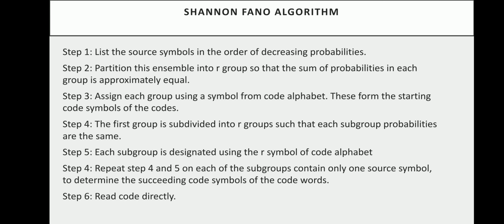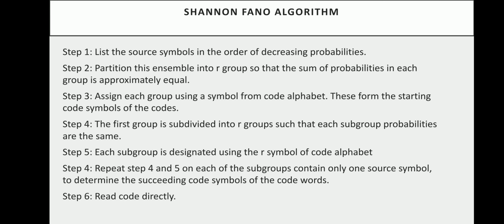Then again we designate each subgroup with one of the R symbols from this code alphabet. So each subgroup is assigned a symbol from this code alphabet. Then we can repeat steps 4 and 5 for every subgroup until no further division is possible.